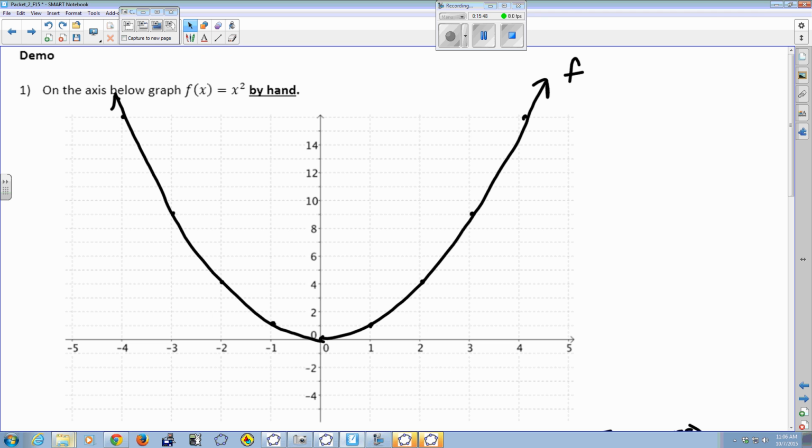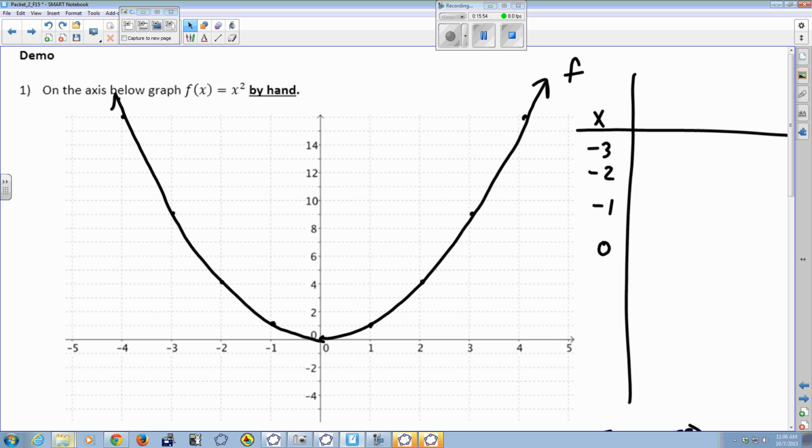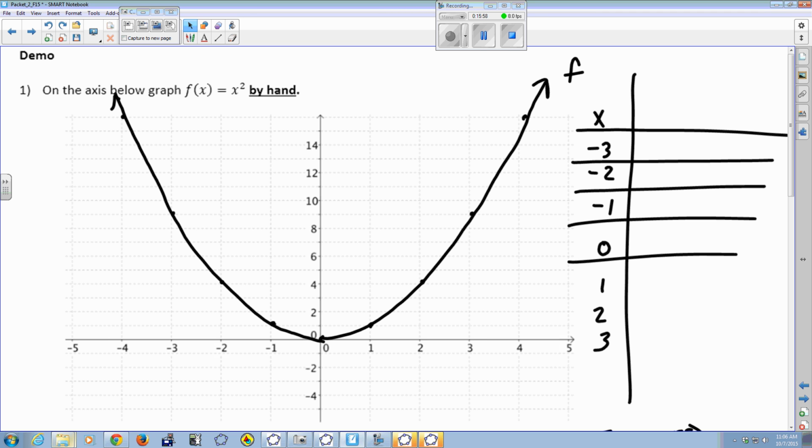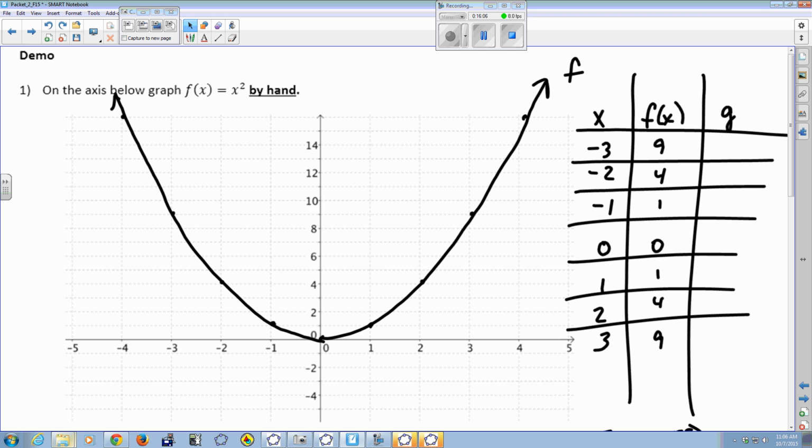So let's do x. So what did we plot? -3, -2, -1, 0, 1, 2, and 3. And f of x, we've got plotted: f of x is 9, 4, 1, 0, 1, 4, 9. And now I want to graph g of x. So g of x simply says take x squared, which is the same as this column, right?